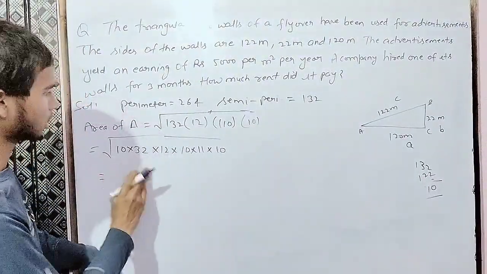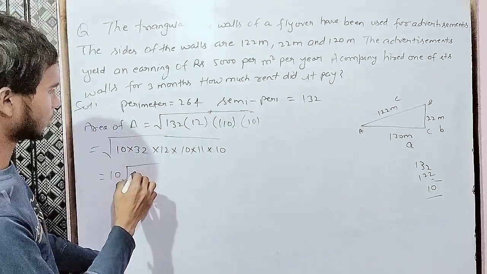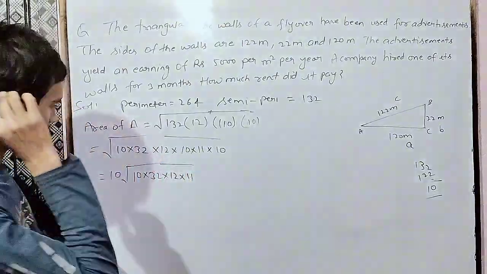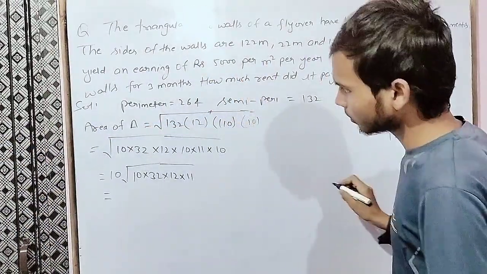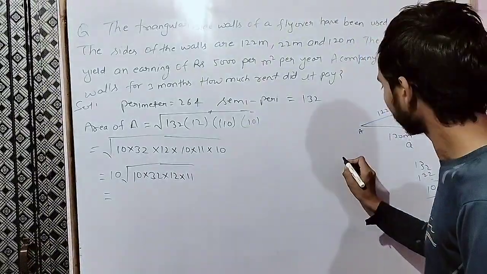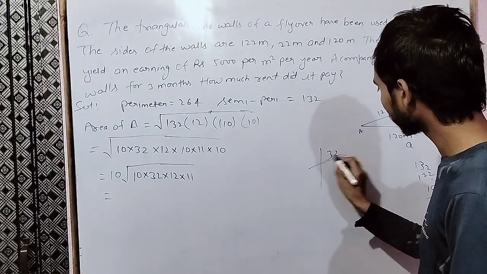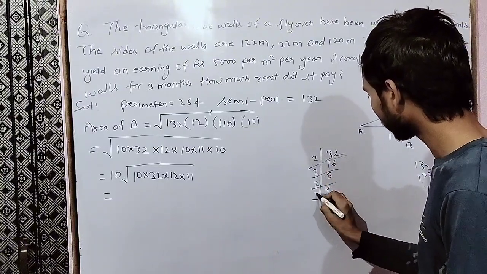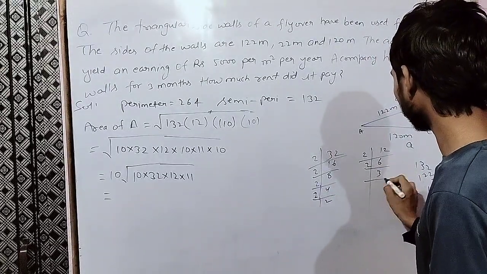Otherwise we can write it as 10 multiplied by 32 multiplied by 12 multiplied by 11. Now on this side, 12 is 2 times 6, 2 times 3.